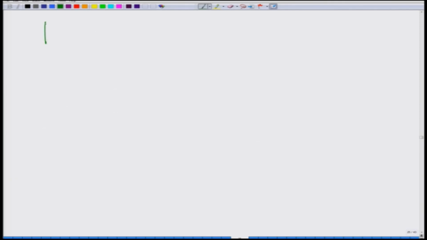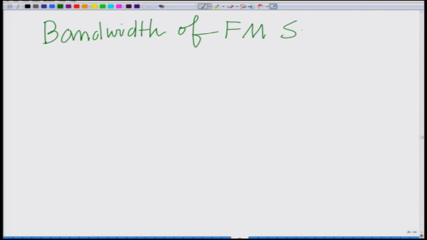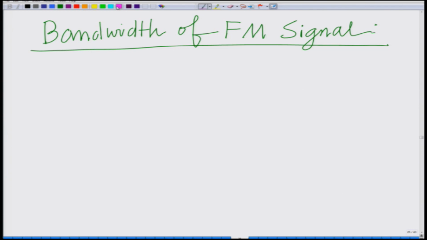So, what we want to look at is the bandwidth of an FM signal.